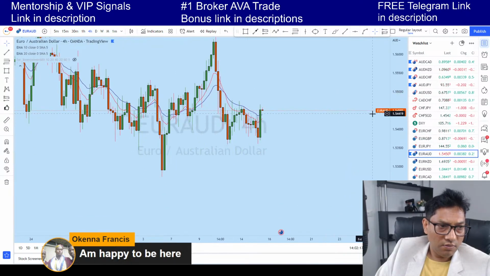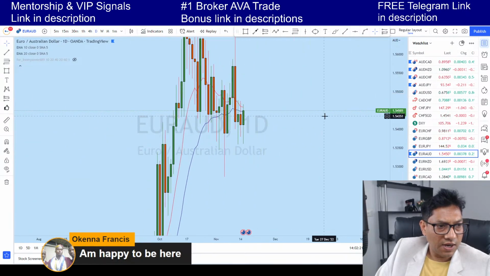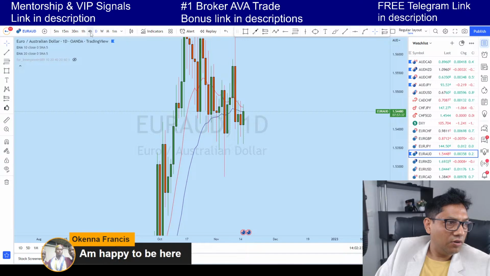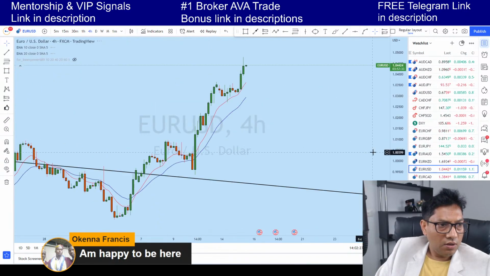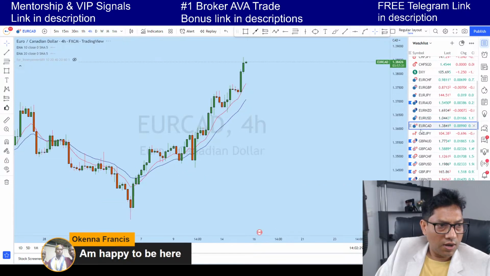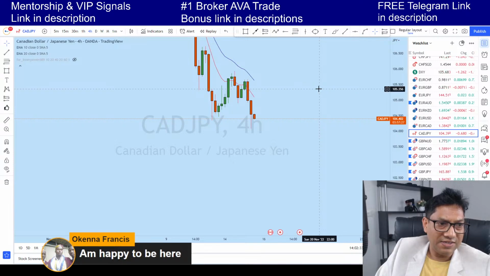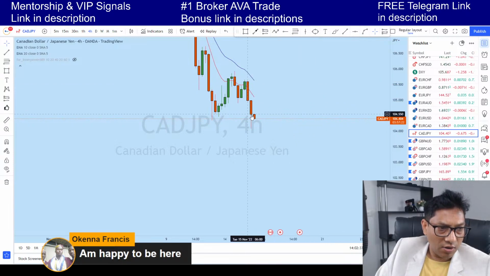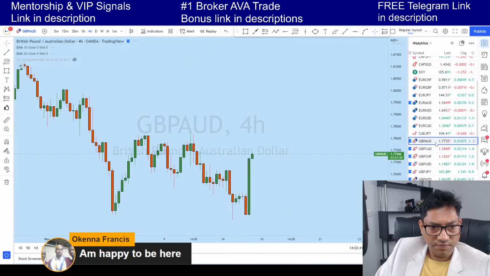Euro AUD had a spike to the upside, but I think that it will finally come back down. Euro NZD, Euro dollar, Euro CAD, all of those are bullish. CAD JPY is highly bearish. Okay, there is a bearish engulfer followed by this candle also bearish. So CAD JPY is bearish, right?